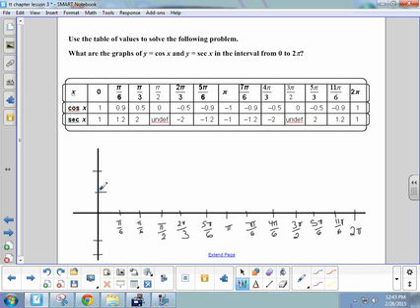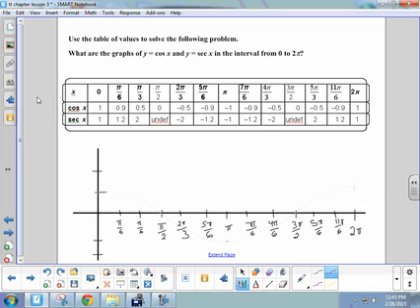Cosine starts at max, 0, min, 0, max. There. So let's go ahead and graph that. So there's your cosine graph. Again, that's something that you've seen before from 0 to 2 pi.